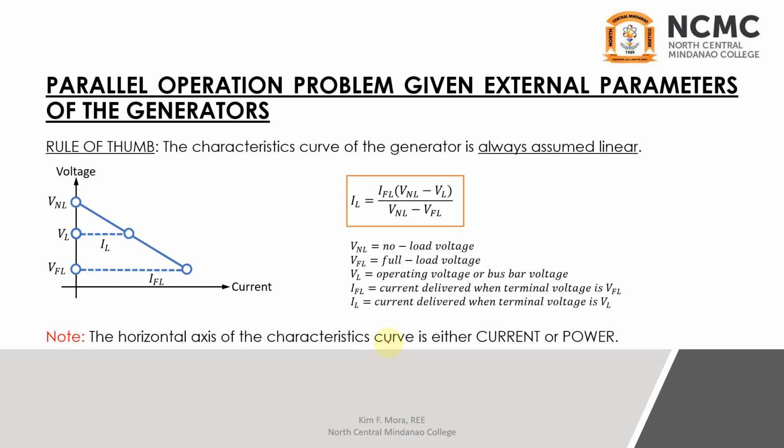So parallel operation naman about if the problem given are the external parameters of the generators. So just to take note that the characteristic curve of the generator is always assumed linear, and the horizontal axis of the characteristic curve is either current or power. So these are the representation sa ilahang relationship.